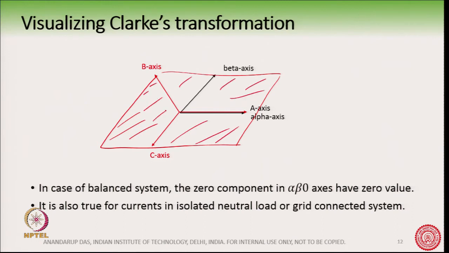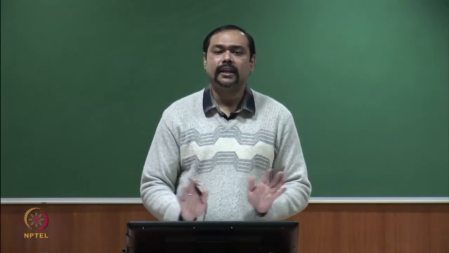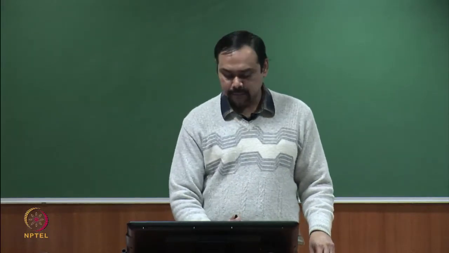If there is no 0 current flowing, either because it is a balanced system, or a system with an isolated neutral, or a grid connected system, then I 0 cannot flow. So, we do not take care of I 0, and there is no need to represent I 0 in the system, so we will draw it in this plane.